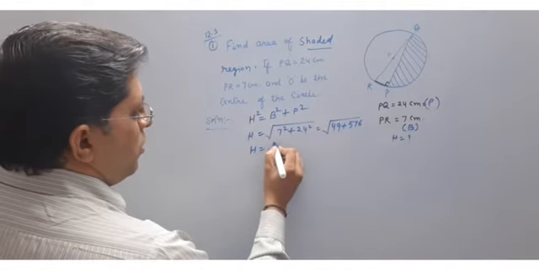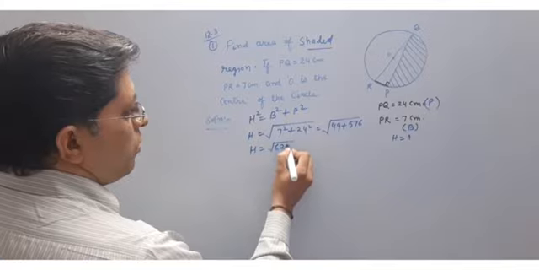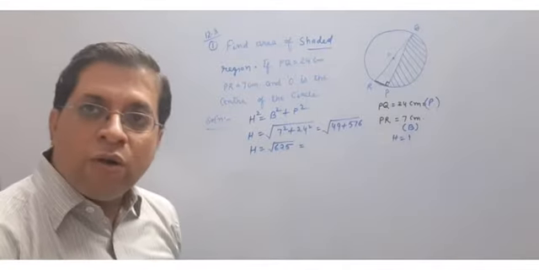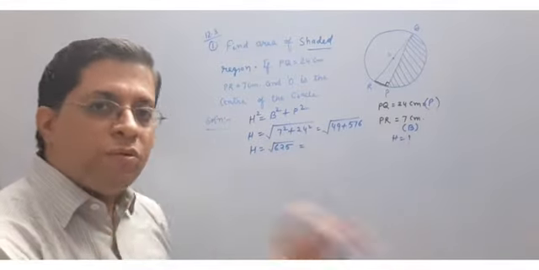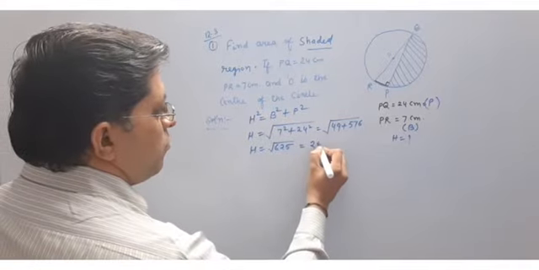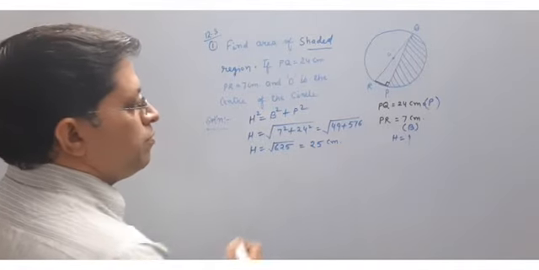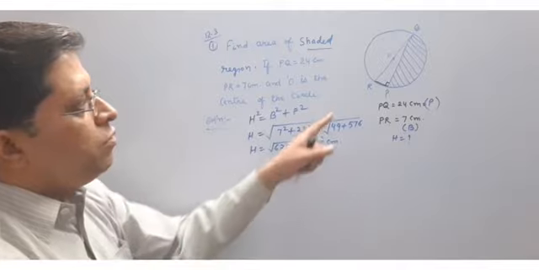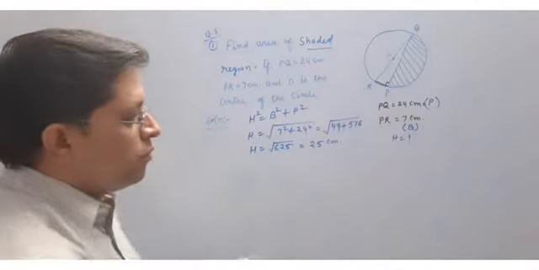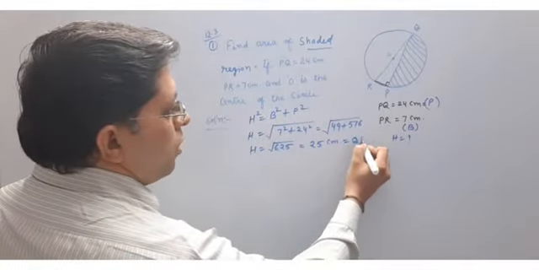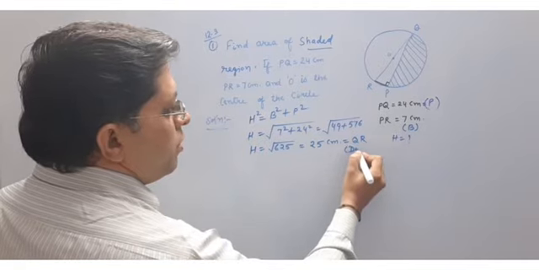Then H will be under root 625. Square root of 625 is 25. This is 25 centimeter. Okay, this is your QR, 25. We can say it is the diameter.